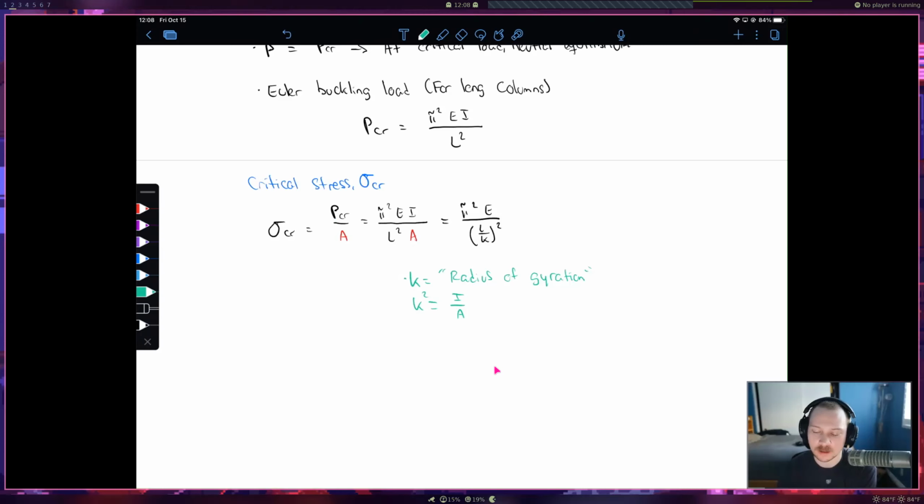So this is our method, so we're not being vague, what's a short column or a long column, right? It's not just going to be the actual length of the column, it has to be more than that. And in this case, it's again going to be the length divided by the moment of inertia divided by the area.